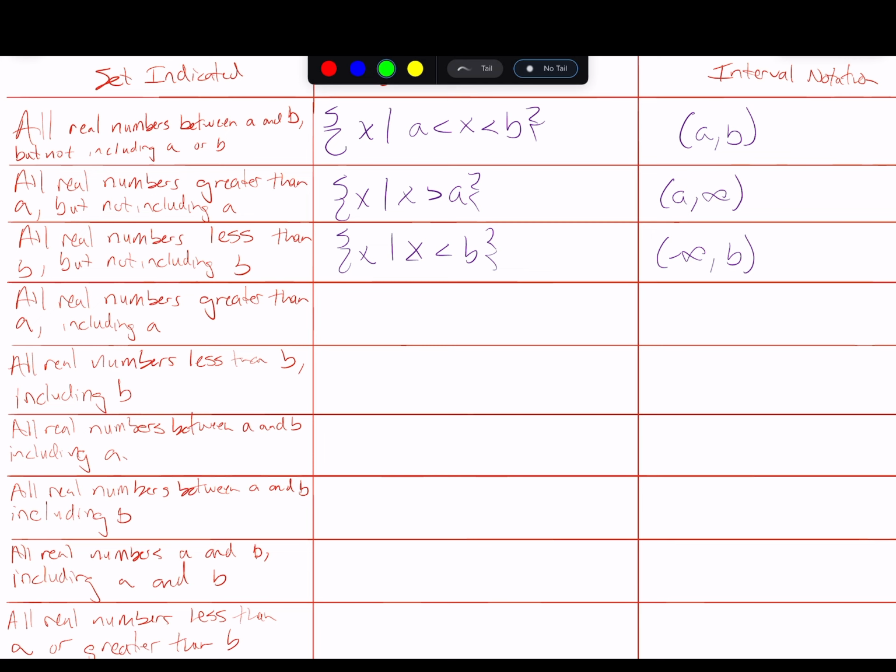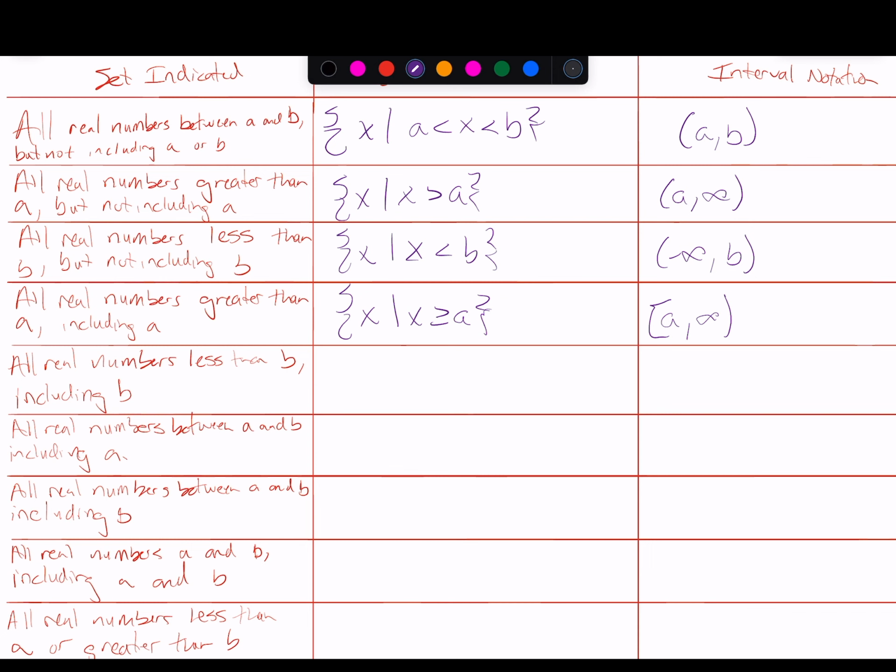The next one is all real numbers greater than a, including a. Well, this is the set of all x such that x is greater than or equal to a instead of just greater than. And the interval notation is not a parenthesis, but a bracket to include a, to infinity.